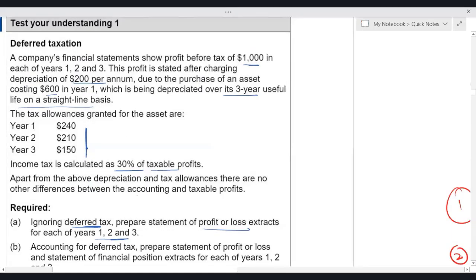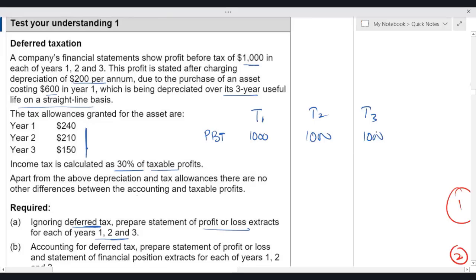So just a little idea. First year, second and third. The profit they have given us is 1,000.